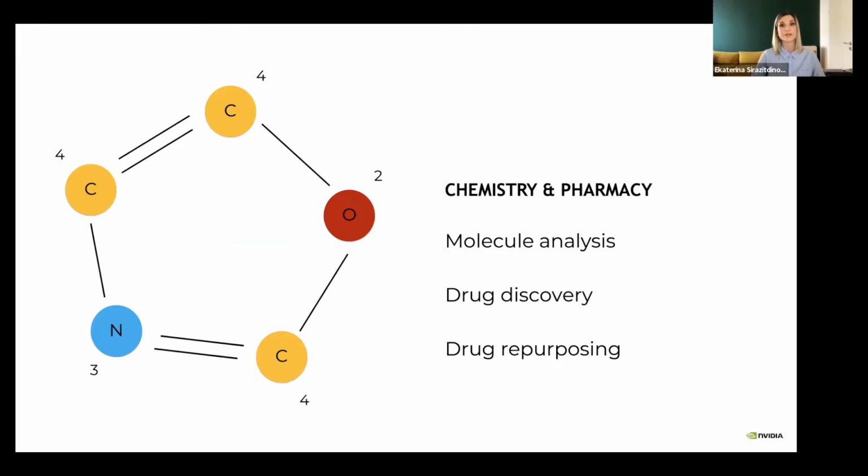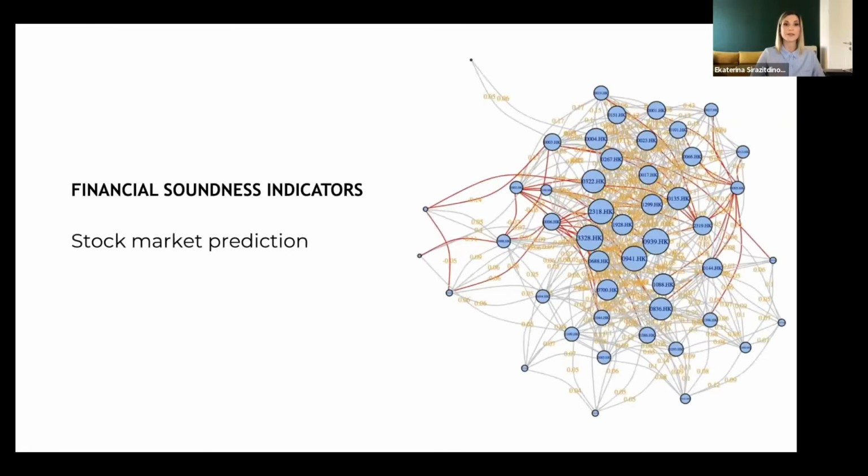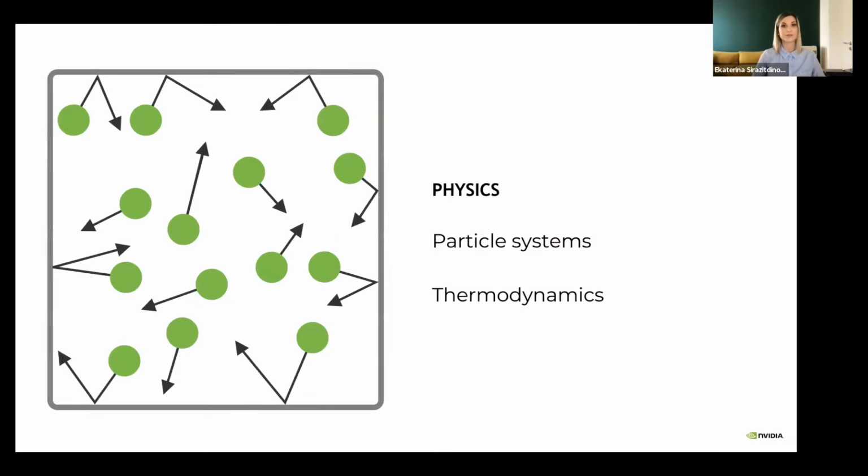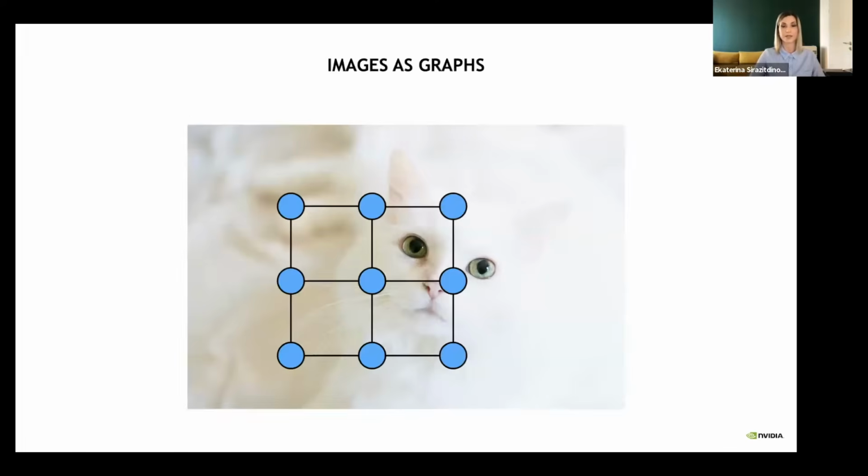So things like molecular analysis, drug discovery, and drug repurposing all rely on graph neural networks. In finance, we can also use graph neural networks for stock market prediction. And in physics, we can model particle systems or thermodynamical processes through graph neural networks as well.